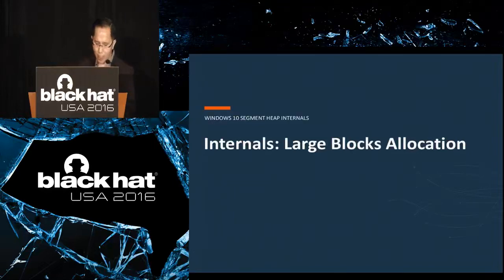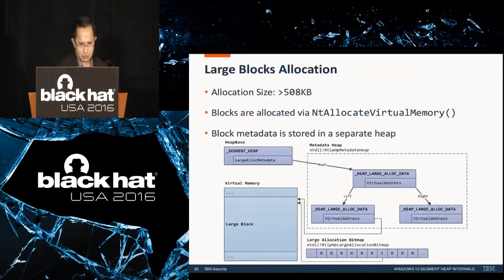Finally, the fourth component of the segment heap, the large block allocation component. The large block allocation component handles allocation requests for sizes greater than 508 KB. Large blocks are allocated and freed using the virtual memory functions provided by the NT Memory Manager.